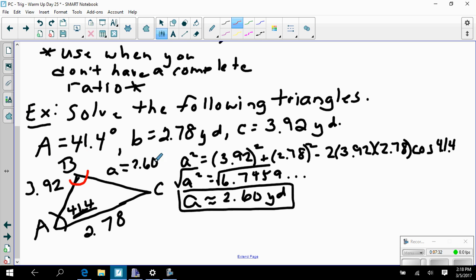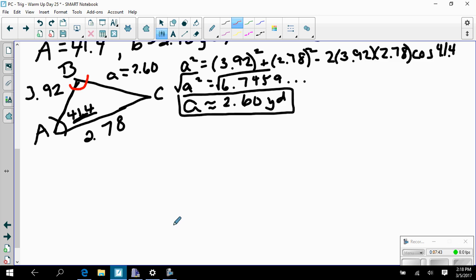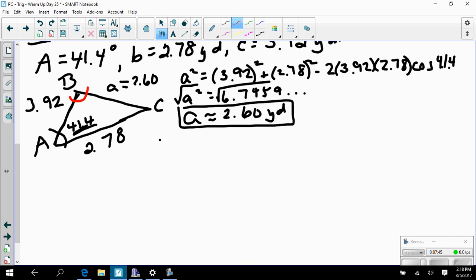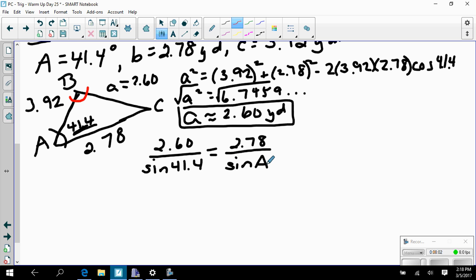So now using this 2.60, I can use law of sines. So I could set up, let's see, myself a little more room here. We could say 2.60 over the sine of 41.4 equals 2.78 over sine of A. Now there is a little problem with what I'm doing.